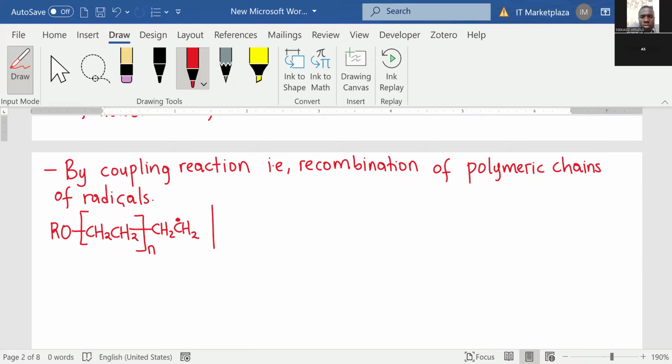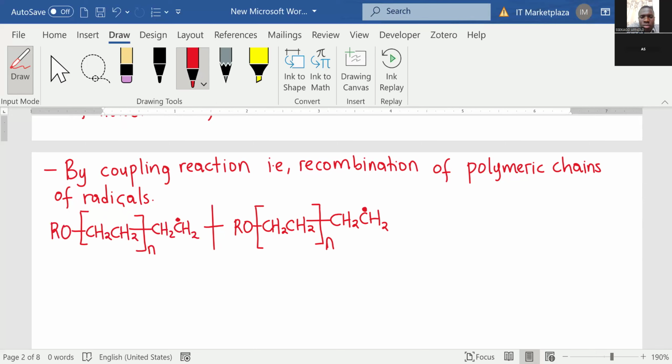Then this combining with RO, CH2, CH2, CH2, CH2 with a dot.